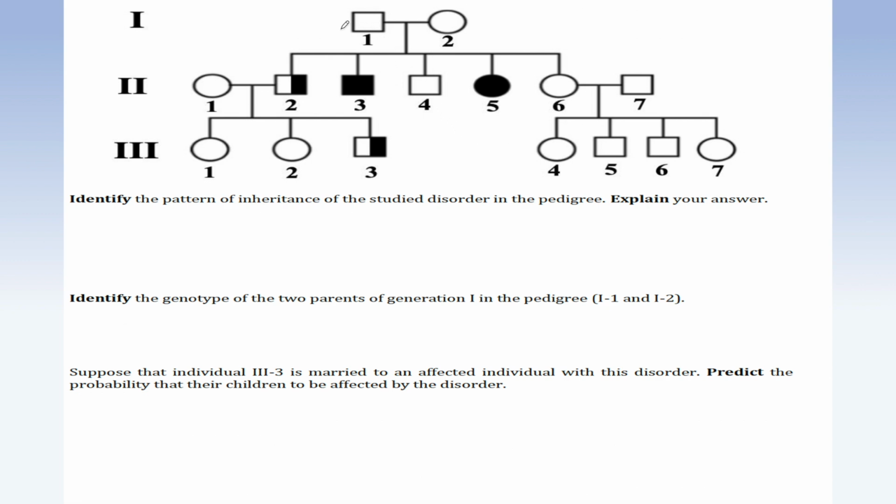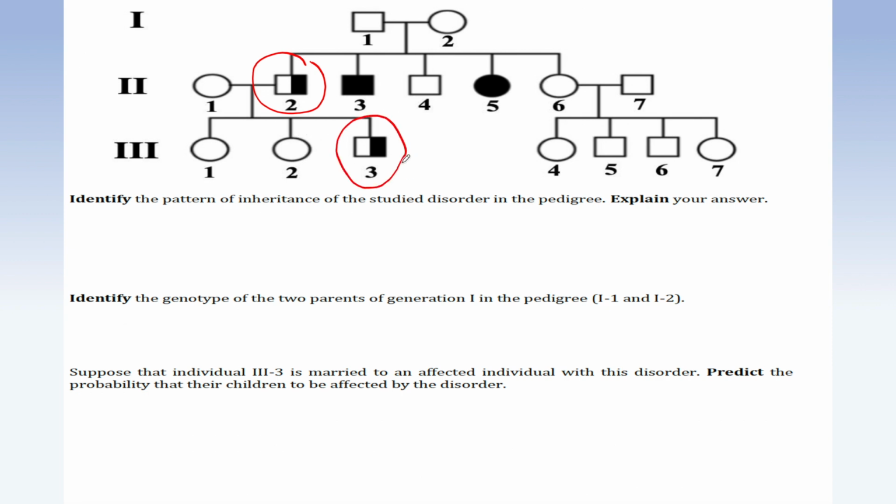First of all, as we see, 1 and 2 are normal, despite the fact that in generation 2 we have affected and carriers. So the first clue, when we have a skipped generation without being affected, is a sign for recessive. What about the second clue? As you see here, we have a carrier.